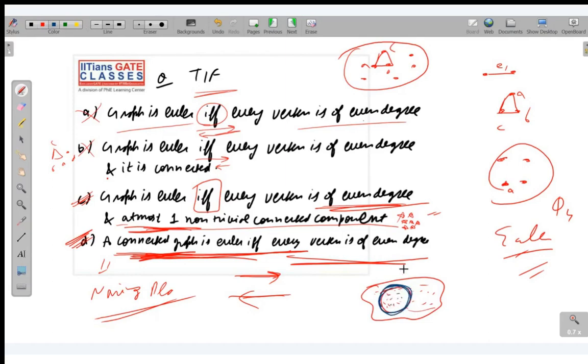So directly or indirectly we have got the point: in a connected graph, if every vertex is of even degree, it will be Euler only. Like this, this is a vertex, so one incoming then outgoing, then incoming then outgoing, so no problem.